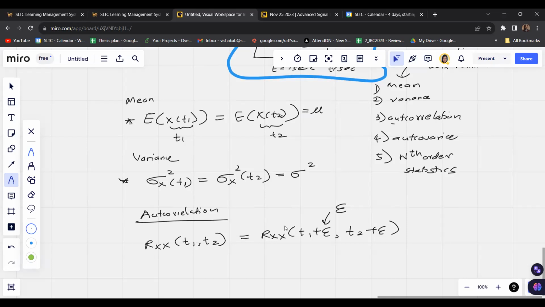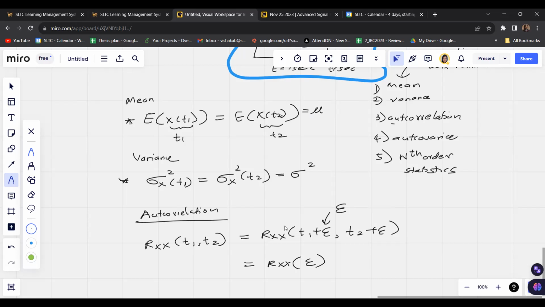So for both time instances, we have added epsilon, and once we add that time duration of epsilon, the autocorrelation value has not changed. Which means that the autocorrelation value between two points relies only on this time delay that we have introduced.